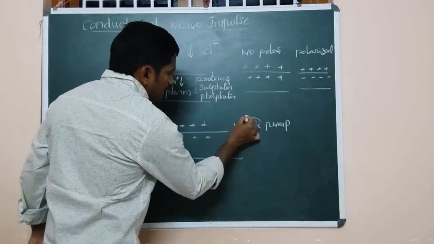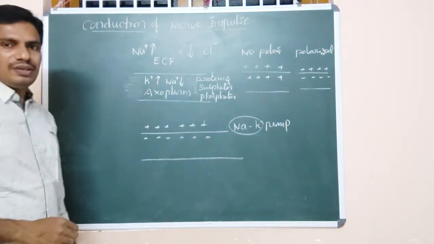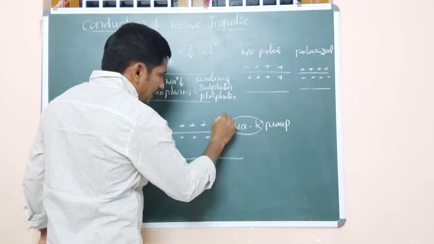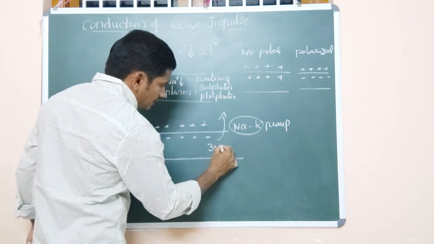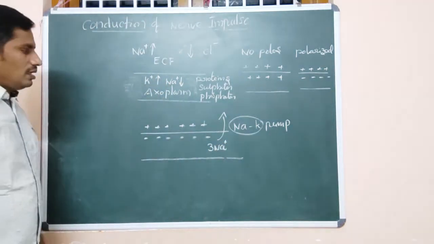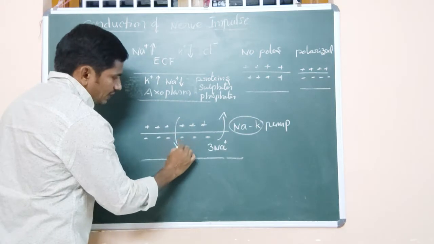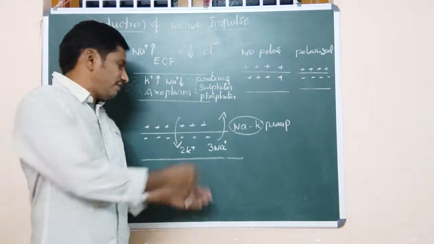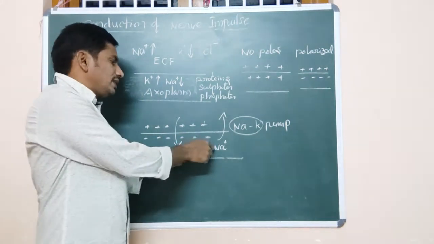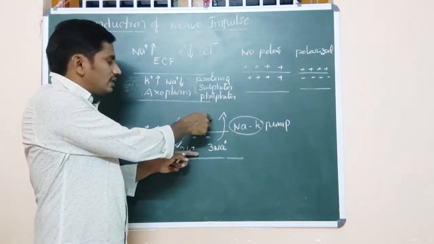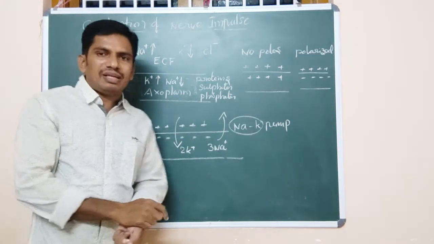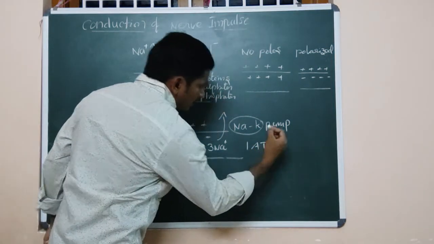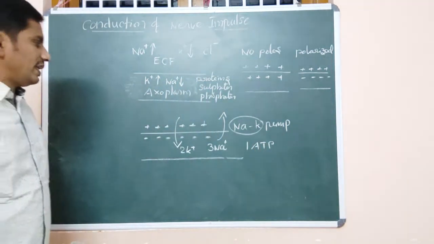This pump drives 3 sodium ions out, and in the same way, for 3 sodium lost, 2 K plus go inward. There is influx and outflux. For every 3 sodium ions outflux, 2 K plus ions influx, using 1 ATP, at the cost of 1 ATP.